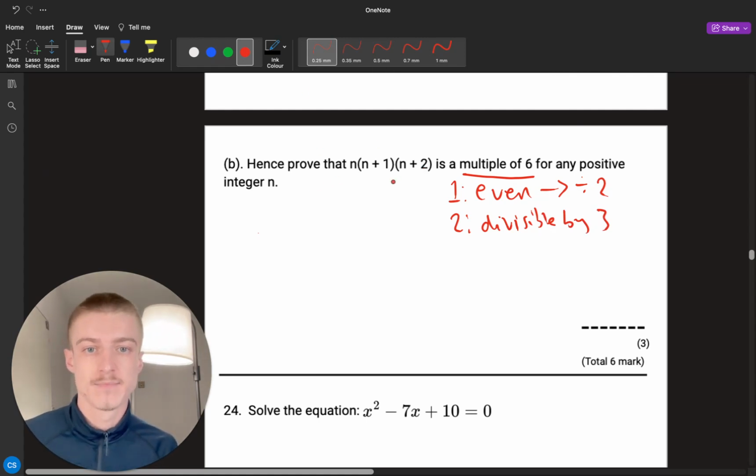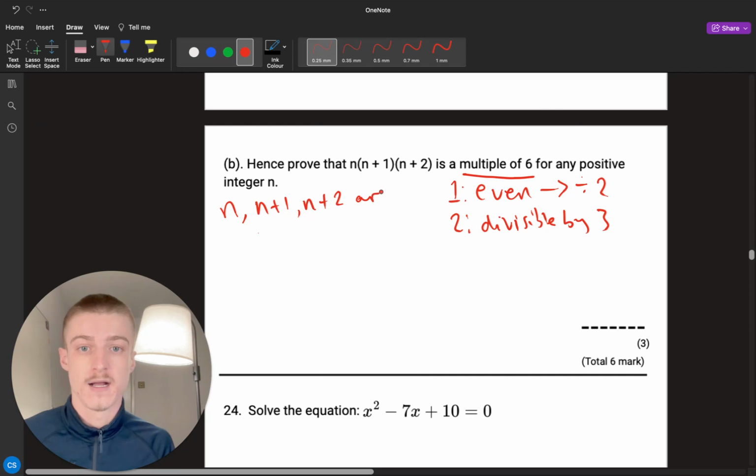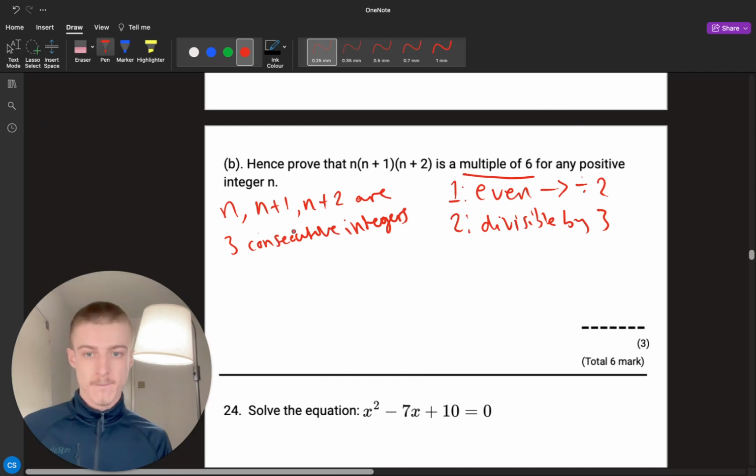So n, n plus 1, and n plus 2 are 3 consecutive integers, 3 consecutive numbers. Okay. In 3 consecutive integers, at least one of them has to be even.